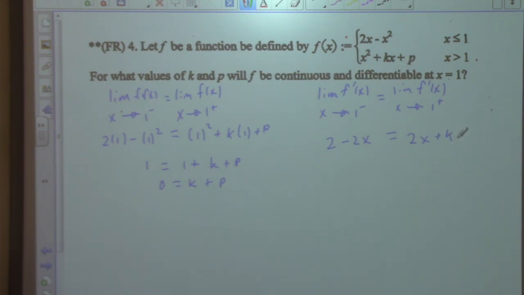So if we plug in 1, we get 2 minus 2 times 1, which equals 2 plus k, and that's going to be 0. So I got k is equal to negative 2, is that right? That's what I got. And then with k equals negative 2, p is equal to 2.